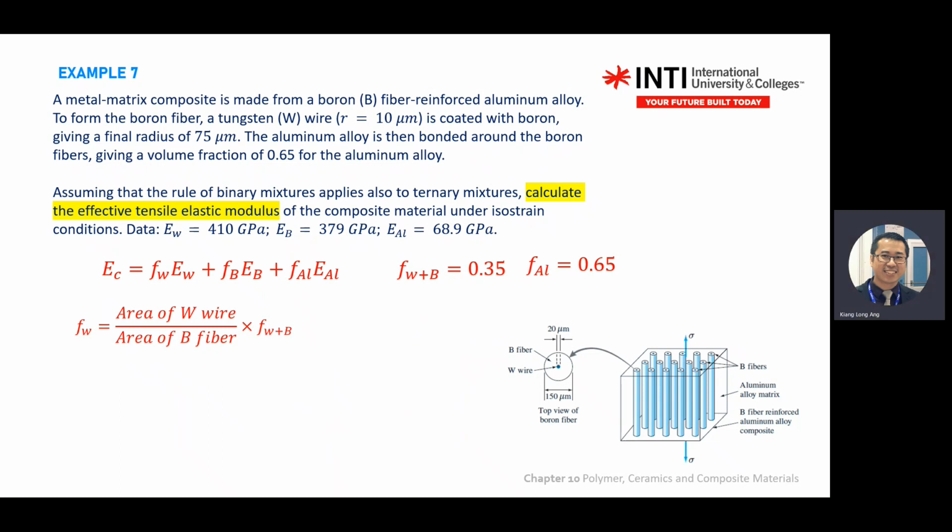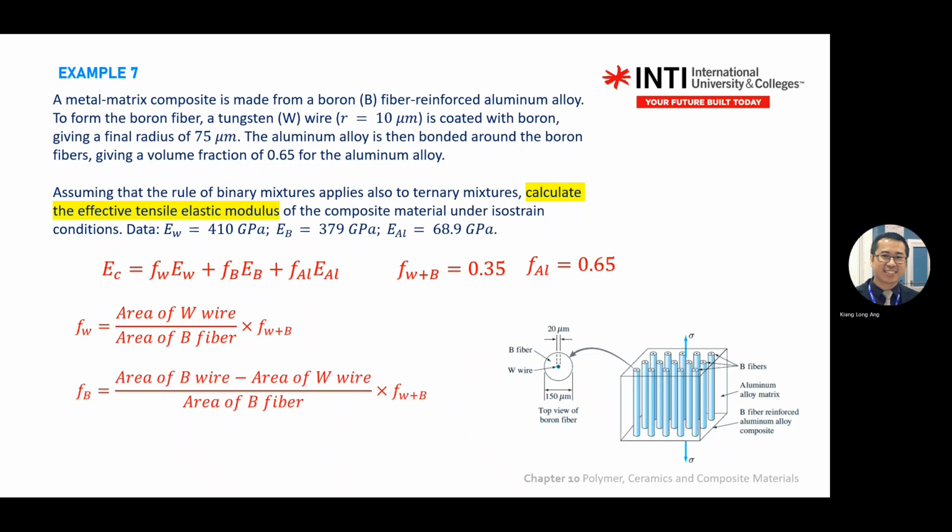It means you take the bigger circle, the total area, and then you want to find the fraction of W. So you calculate the W divided by the total area you have. Then you get the fraction, right?